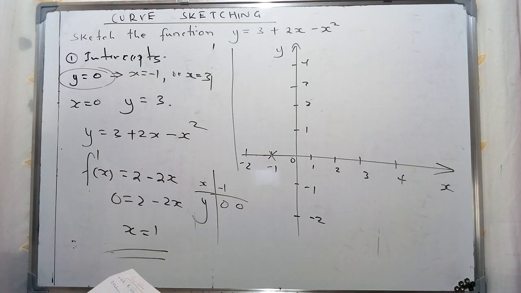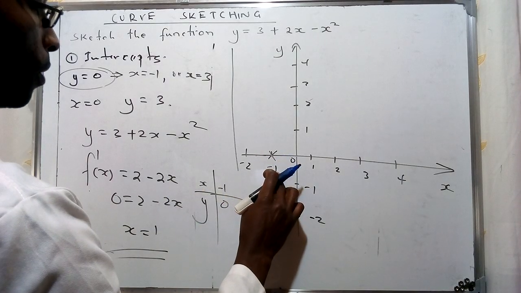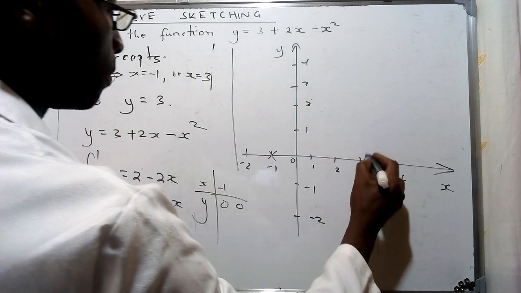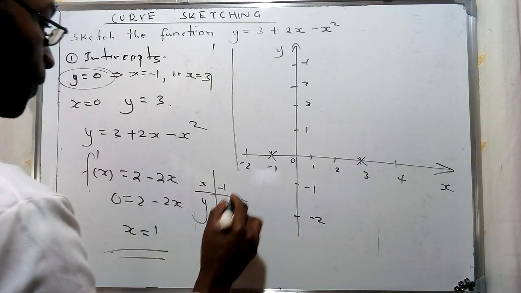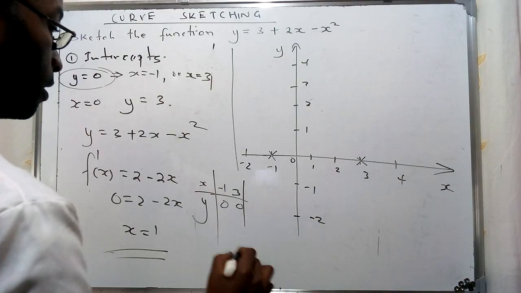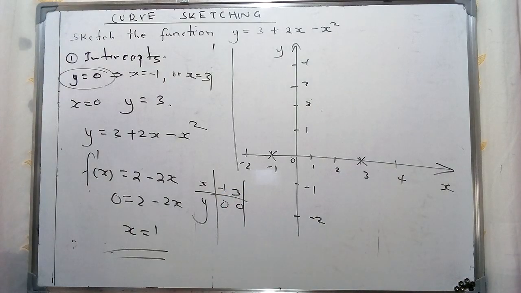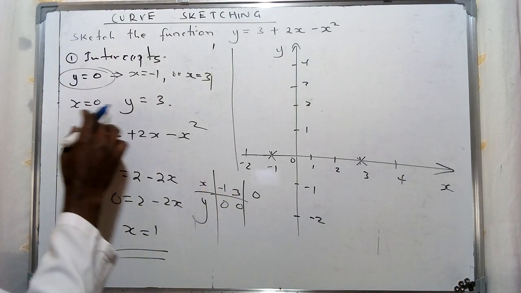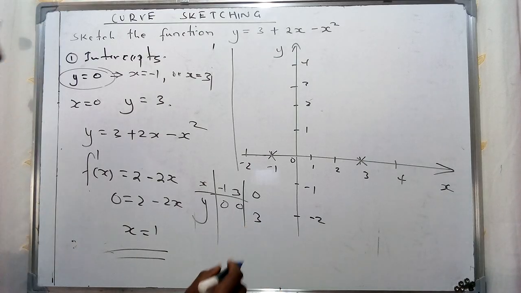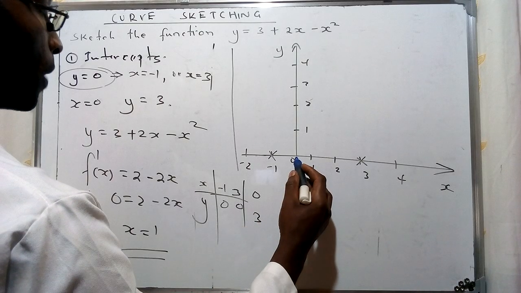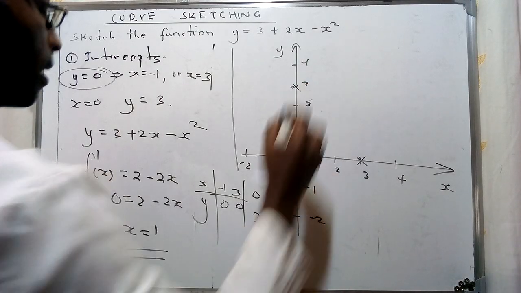So whenever y is equivalent to 0, x is positive 3. And whenever x is equivalent to 0, y is equivalent to 3.